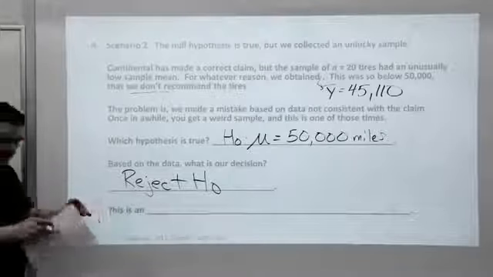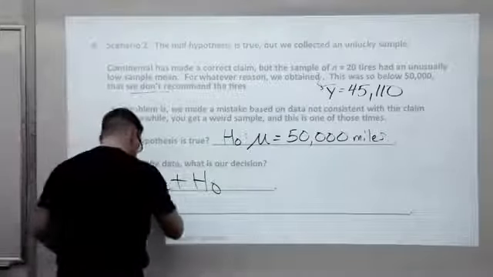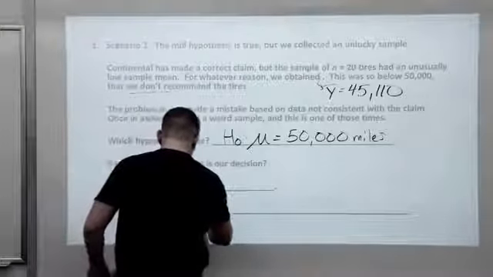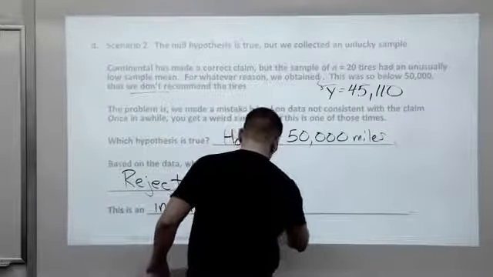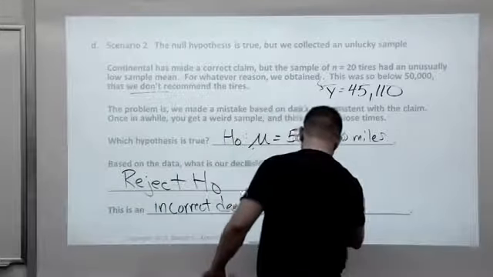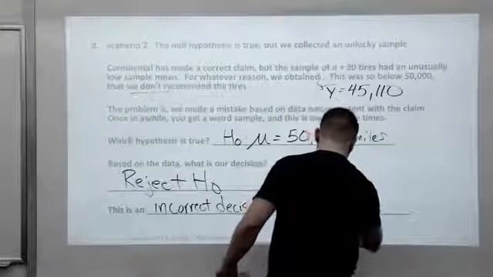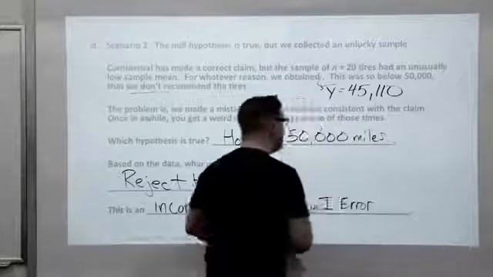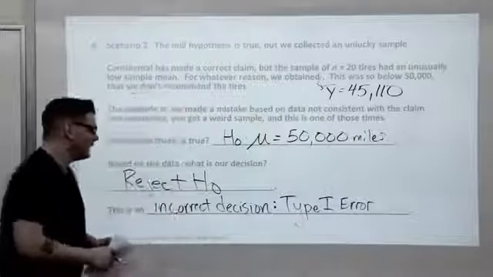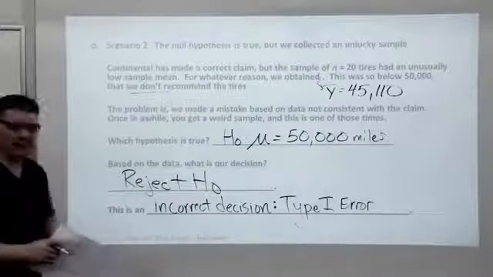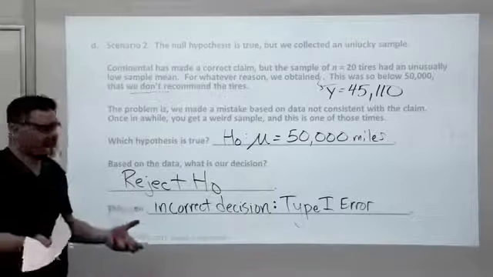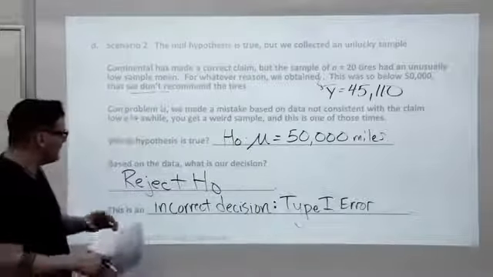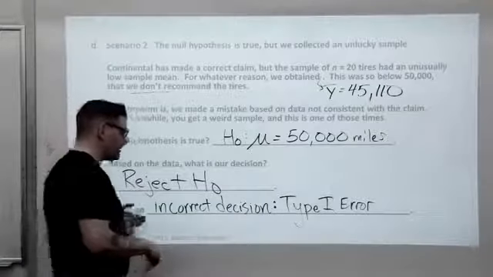This is what's called a type 1 error. What did we do? We rejected the null when we shouldn't have. Got an unlucky sample, rejected the null when we shouldn't have.